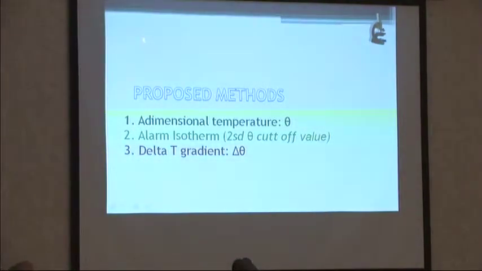So pay attention now, because we studied a dimensional temperature for these regions that we call theta. Alarm isotherm is a theta cut-off 2 standard deviations above, and delta theta is a delta temperature gradient.